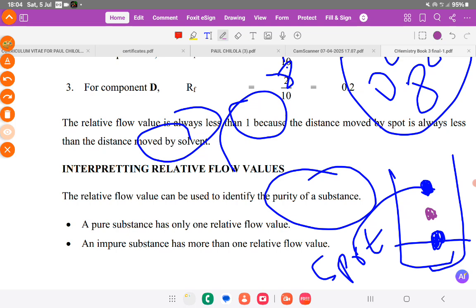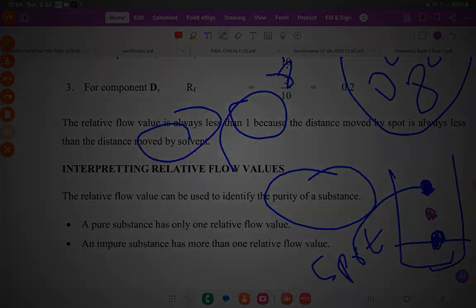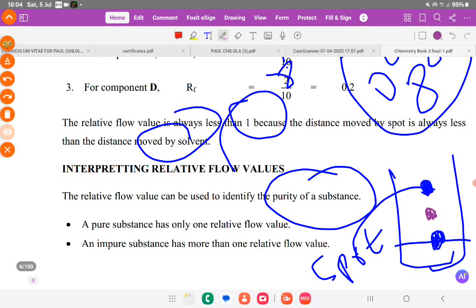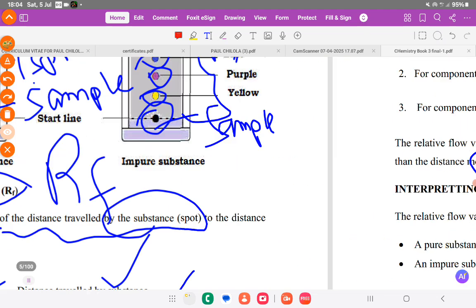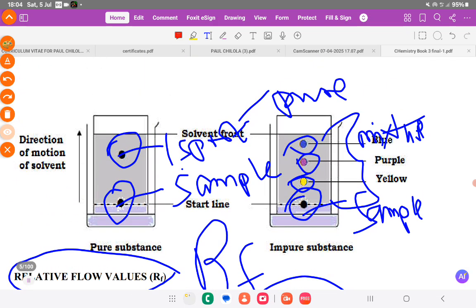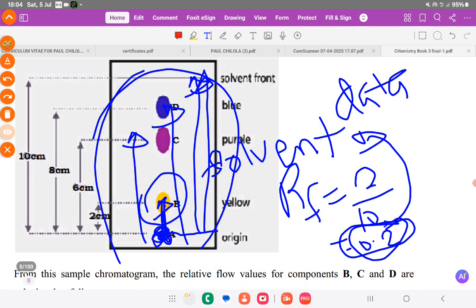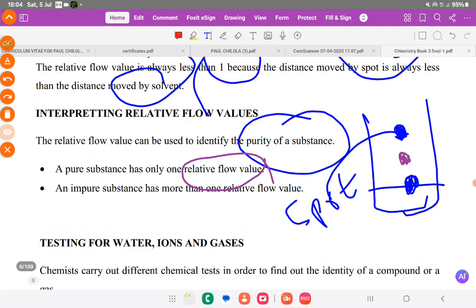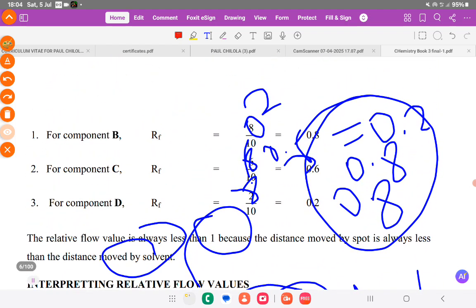But in relation to relative flow values, a substance which is pure will only have one. So we are saying a pure substance has only one relative flow value. If there are several relative flow values, it means that that particular substance is not pure at all. Like here, this substance has several relative flow values.